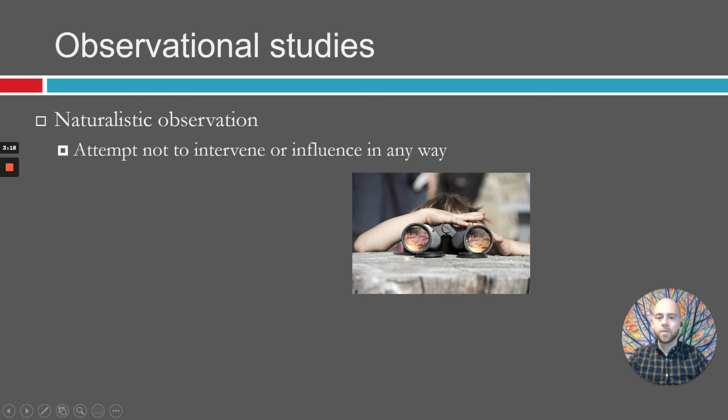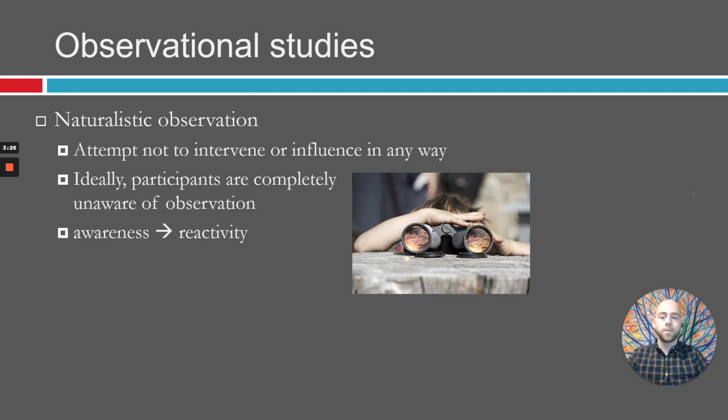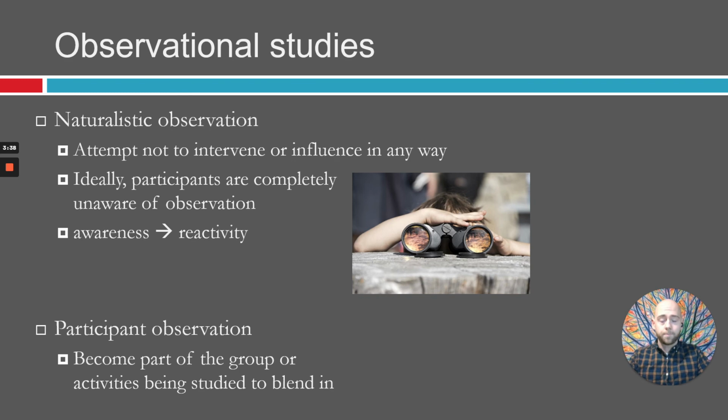So in this type of observation, you are trying not to get involved. You're trying not to influence anyone or even generally let them know you're observing them. Because that awareness is where reactivity comes from. You don't want people to change their behavior on account of the awareness they're being observed or evaluated.